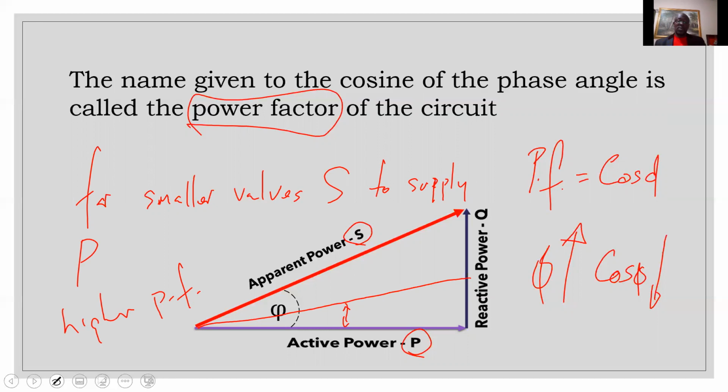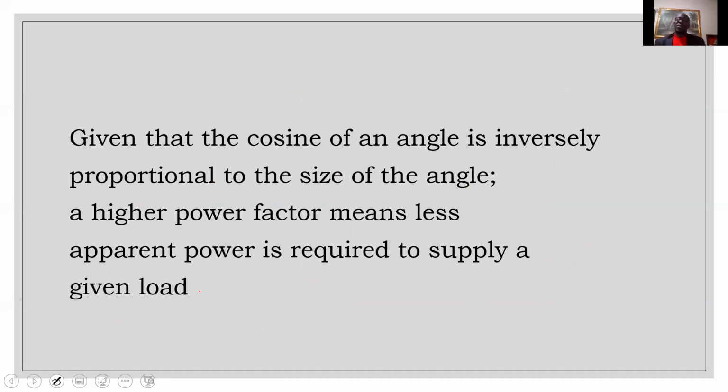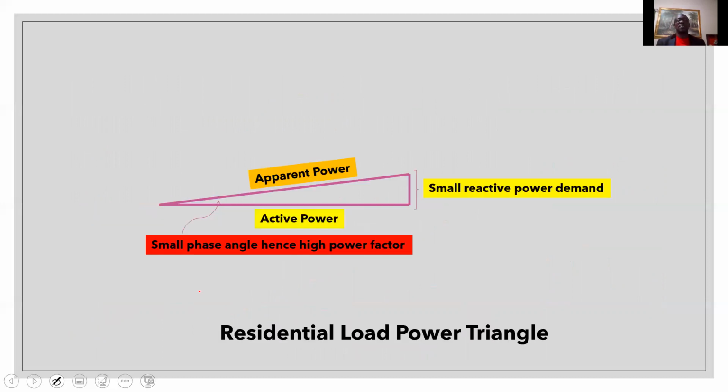So circuits with high power factors require smaller S values for the same P. Given that the cosine, as we said earlier, is inversely proportional, a higher power factor means less apparent power is required to supply a given load. That's what we were explaining just now.